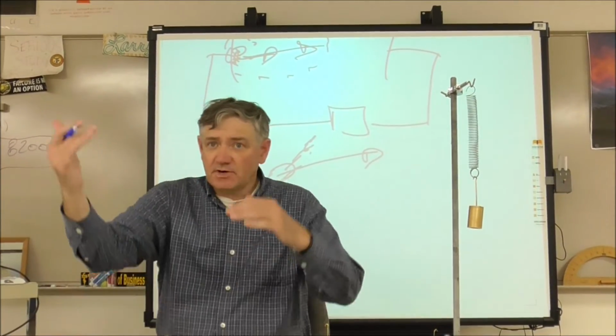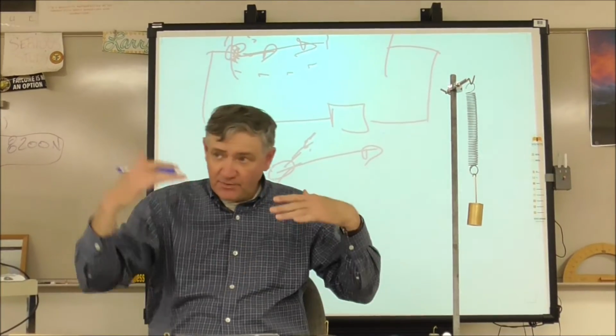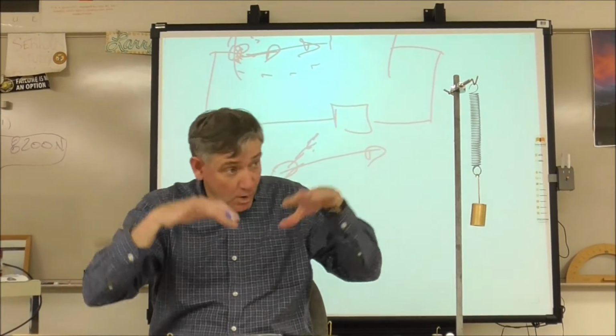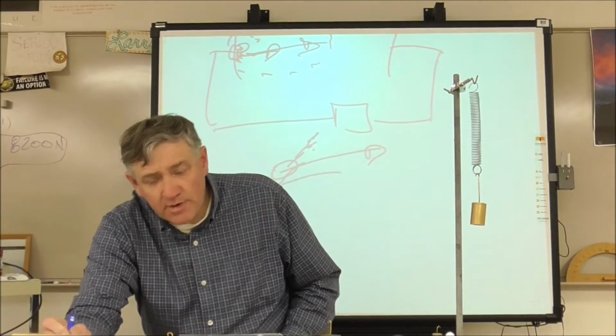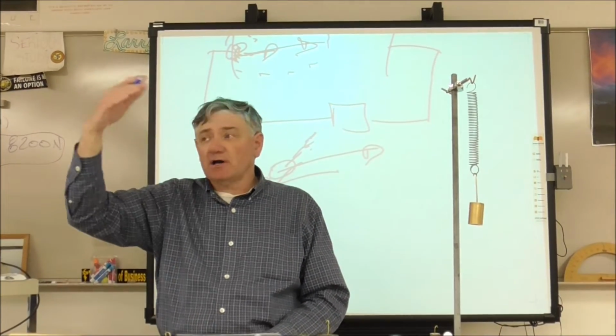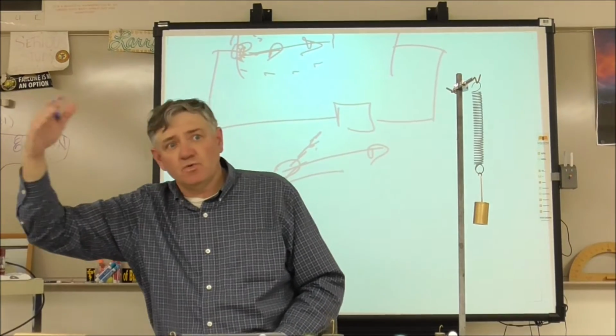The electrons that are closer to the nucleus are further down that well, because they're going to lose more energy to get out. They're not going to have as much energy when they leave.